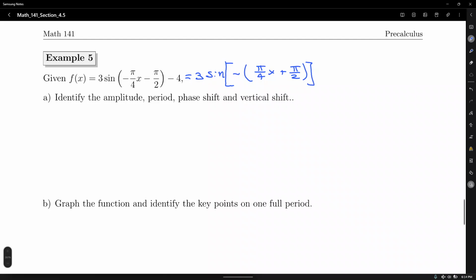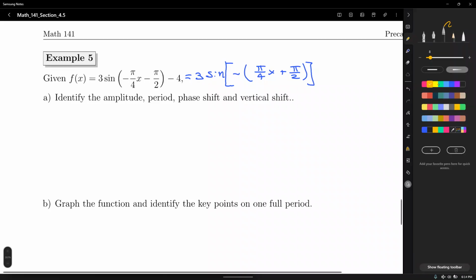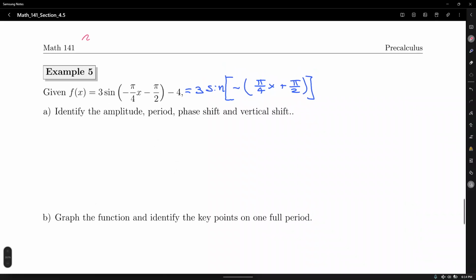And well, let's recall the even and odd properties of the sine function. So let's recall that sine of negative x equals negative sine of x. So the negative sign goes outside, and that's going to change the angle into a positive quantity.